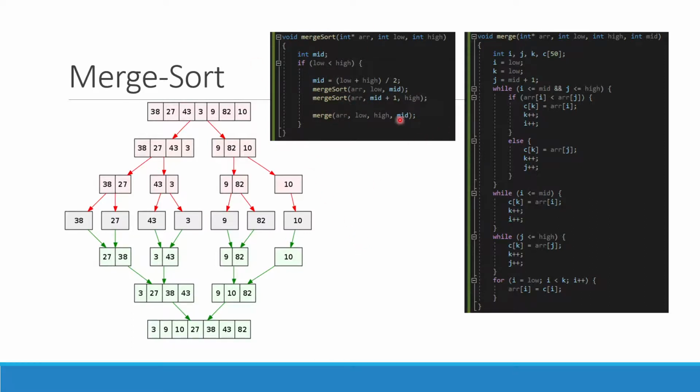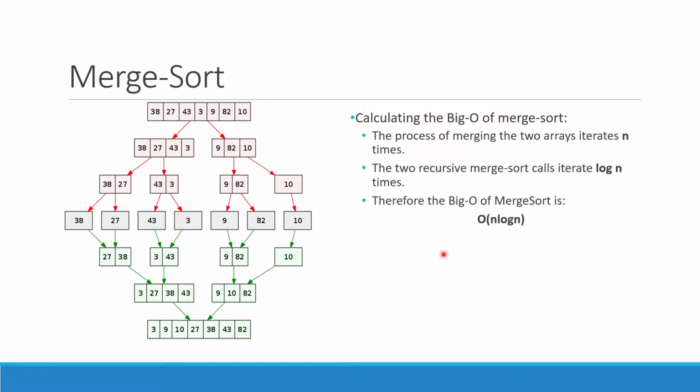And then when it comes to this merge function here, this is the code. Even though it looks long, it's actually simpler than the code of the previous two sorting algorithms, because here's the thing. We're only looking at the first element of each subarray. And that's why it's more efficient. So, moving on to the next slide.